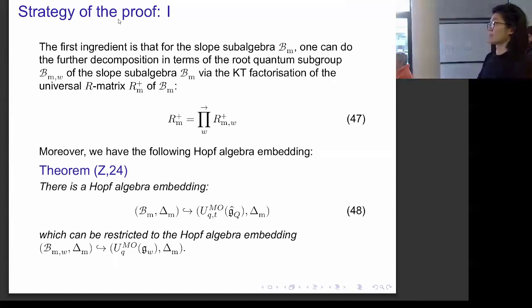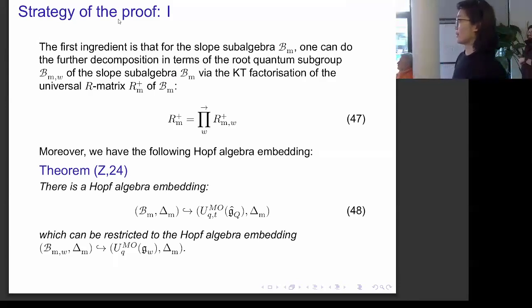And this can be done because one of the insights is that for the case of the slopes of algebra of the function A, it can be isomorphic to the product of the quantum function K. So you can do this kind of a further factorization. But this is actually generally true, but only for the case of the function A, this can be really explicit. And moreover, using this factorization, each of the R matrix over here can define a root quantum subgroup over here.